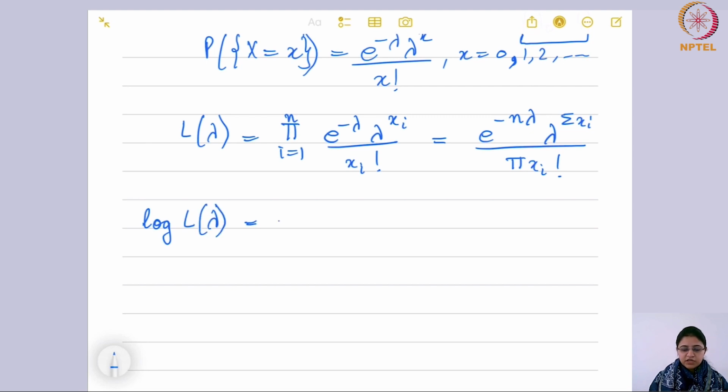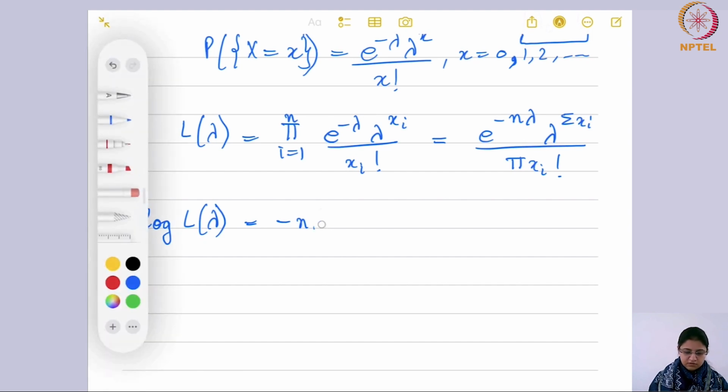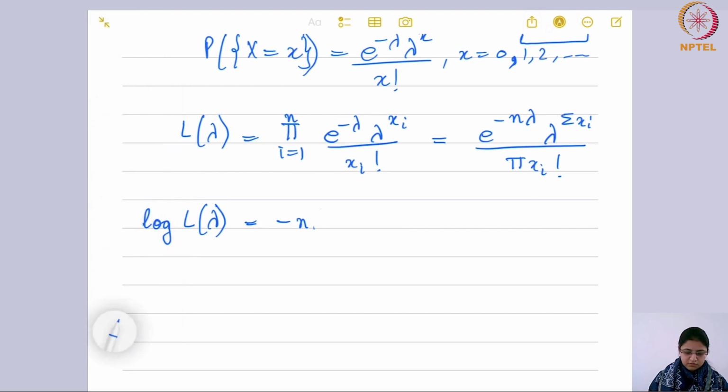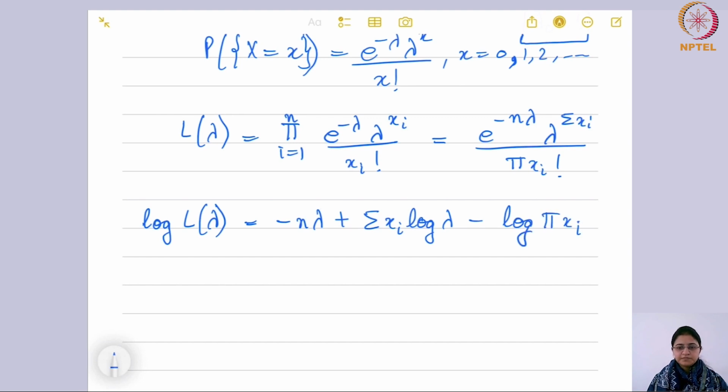When you take the log, it would be minus n lambda plus summation xi times log lambda, minus log of the product of xi factorials.